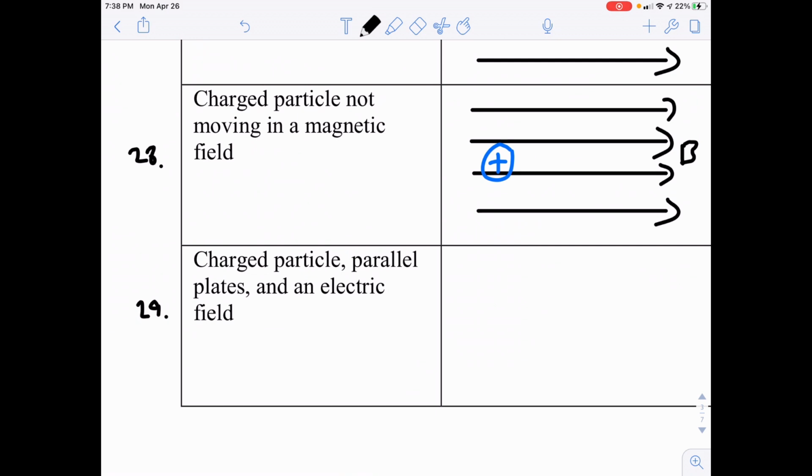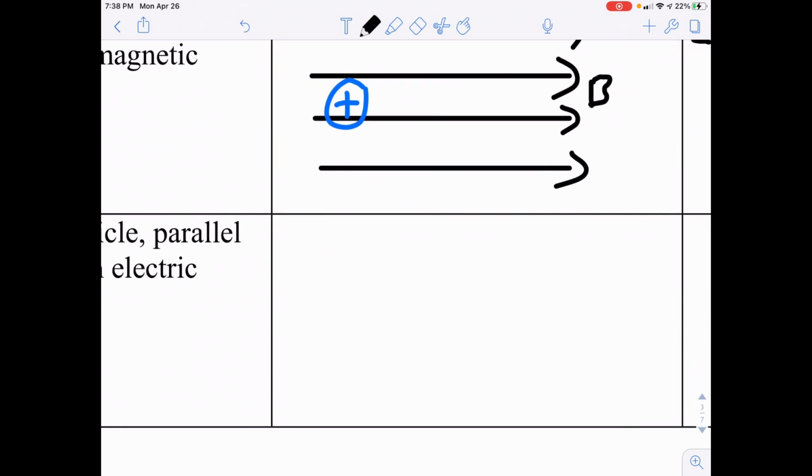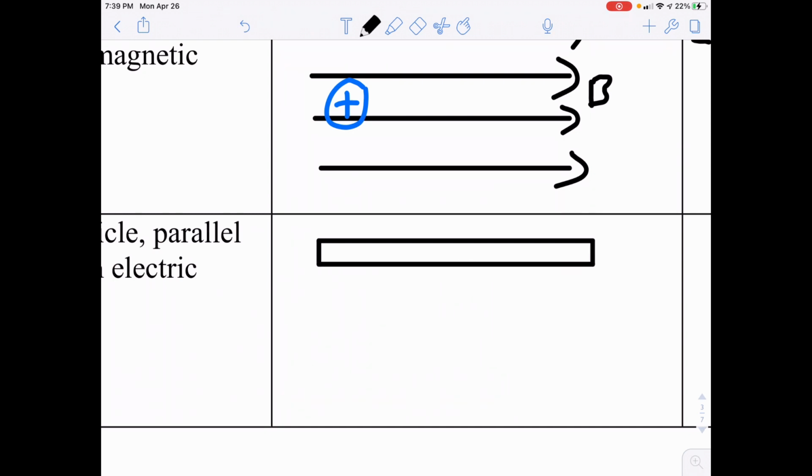And in number 29, we have a charged particle, parallel plates, and an electric field established between the plates. So it's very similar to what we previously went over a little while back. Okay, so let's say we have a positive charge.